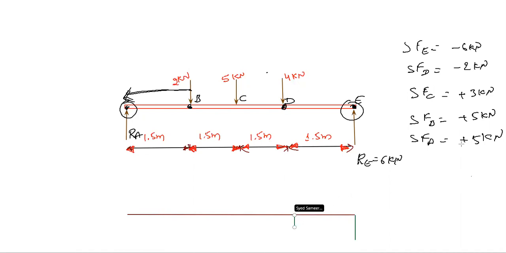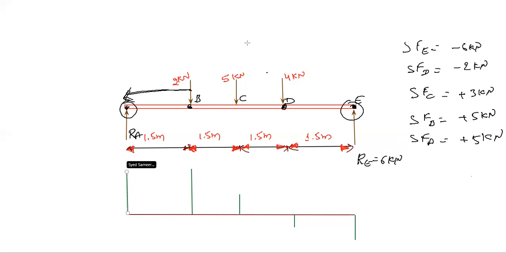At this point C, we have positive 3. From here to here, it is 3 kilonewton. Next, shear force at point B is 5. From here it is 5. Shear force at this point also it is 5.